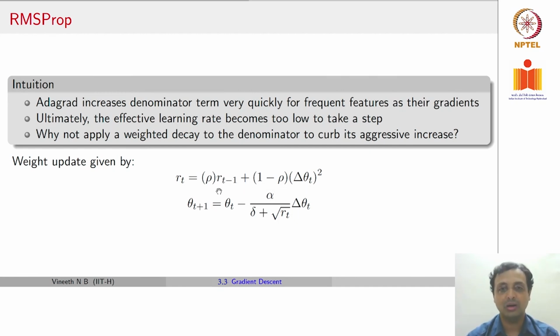So RT equals rho RT minus 1 plus 1 minus rho delta theta t whole square. This now ensures that because of the rho and 1 minus rho, the sum cannot keep exploding and is now controlled. Think about it for a while as to why, and you'll get why this will not allow you to explode. And now your theta t plus 1 and theta, this entire expression is exactly the same as Adagrad.